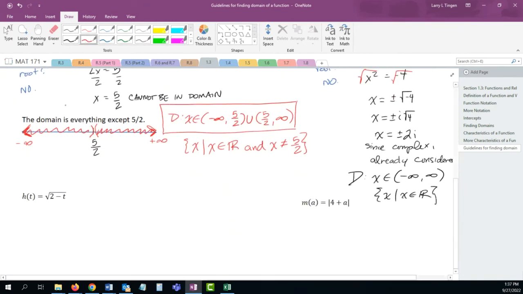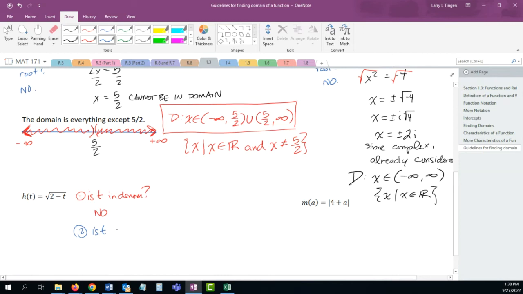So let's take that same process and do it for h of t. In this problem the variable is t, so I ask, is t in the denominator? For the first time, the answer is no. So I don't have to take the denominator, set it equal to 0, and solve.